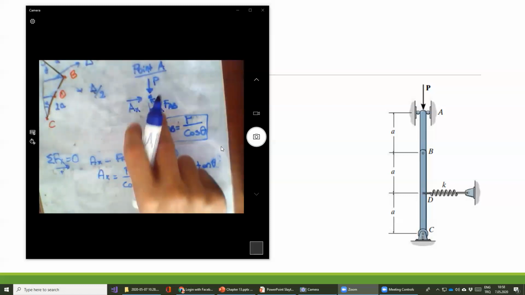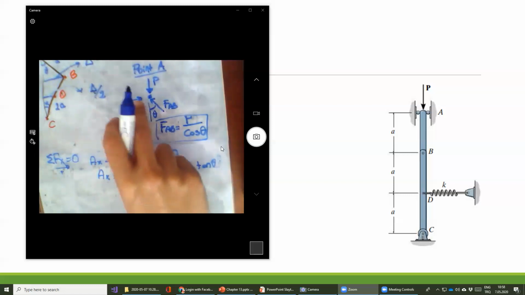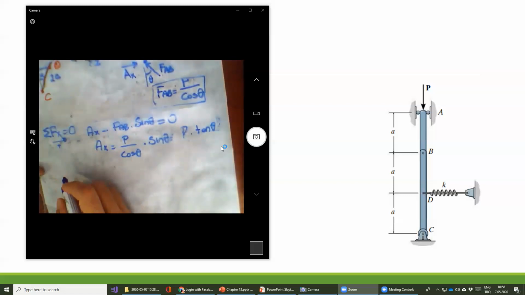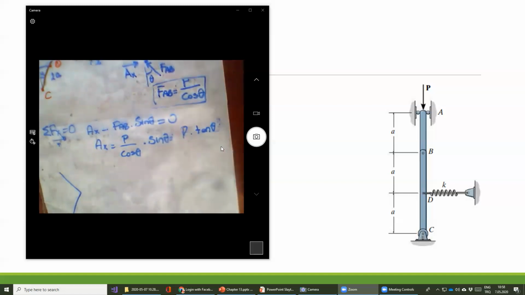Now I need to consider the internal forces. I want to discuss the whole system, therefore I don't divide the structures. I want to draw the whole system and the free body diagram.